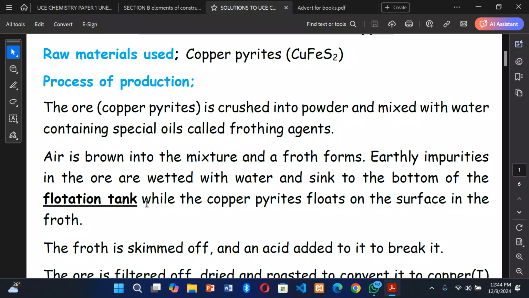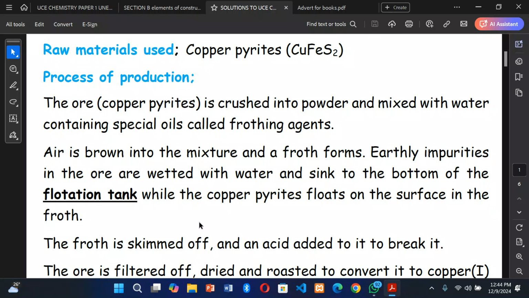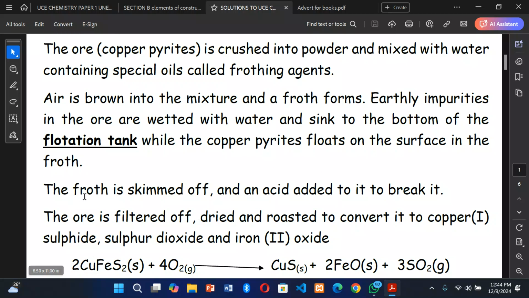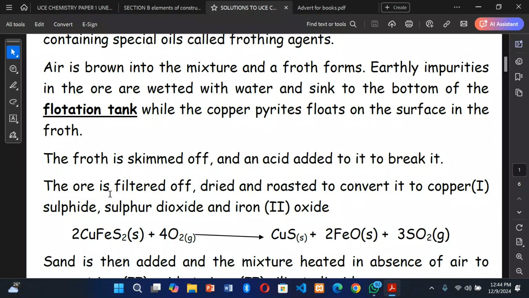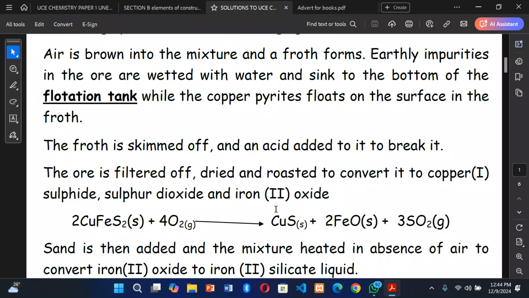And then it continued that while the copper pyrite floats on the surface in the froth, the froth is skimmed off and an acid added to it to break it. Then the ore is filtered off, dried and roasted to convert it to copper 1 sulfide, sulfur dioxide, and iron 2 oxide.